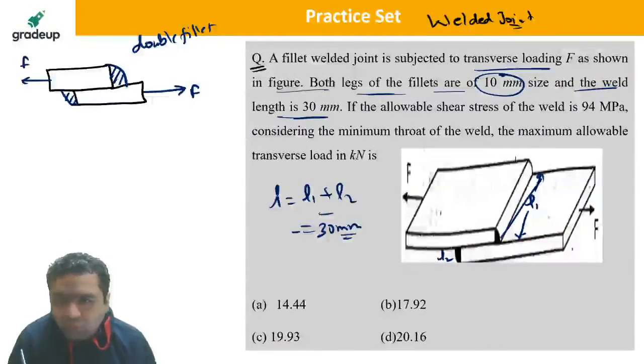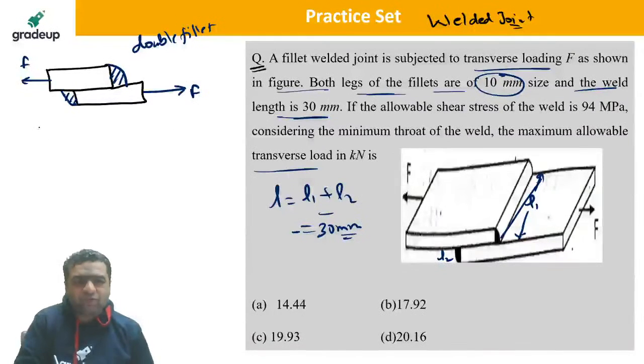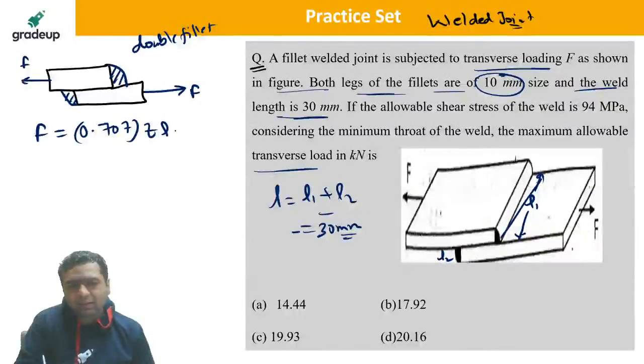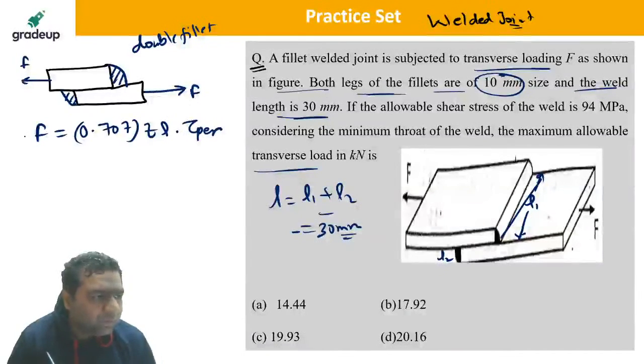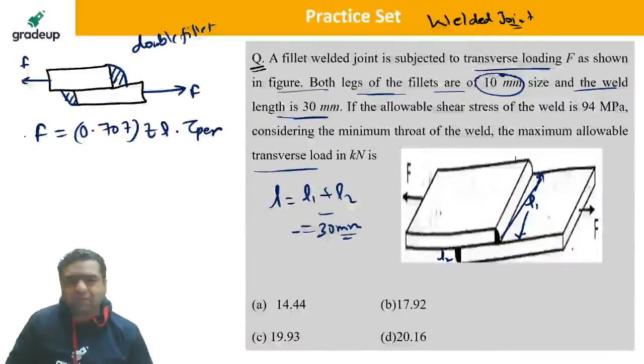You need to find out allowable load F. You know F is given as 0.707 T L tau permissible. Everything is given to you.